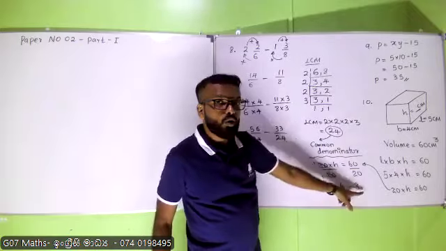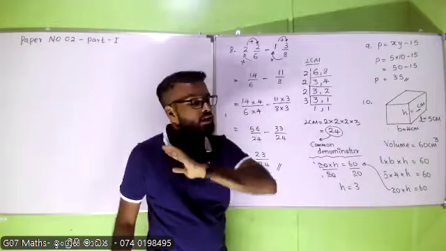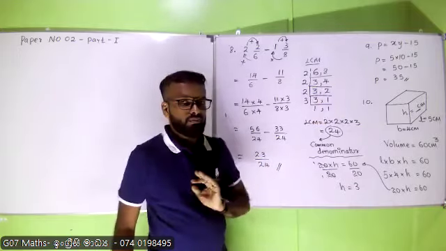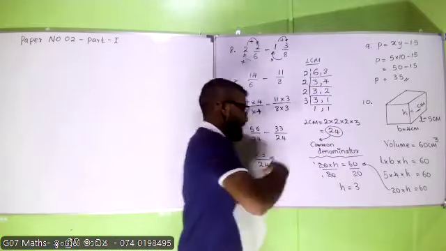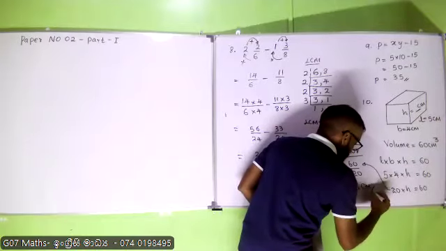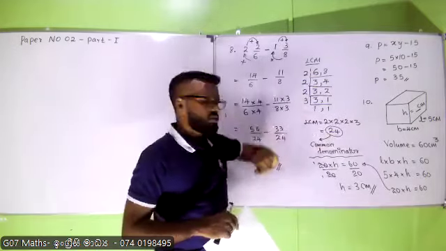You need to mention the unit of length, centimeters, otherwise you will lose marks. Keep that in your mind. H equals 3 centimeters. So this is your final answer for the 10th question.